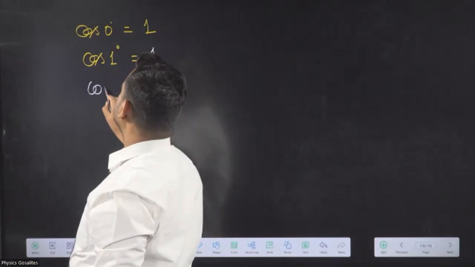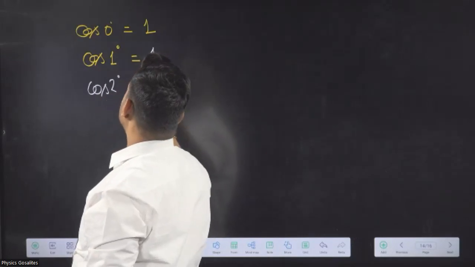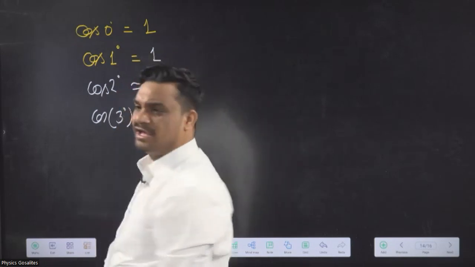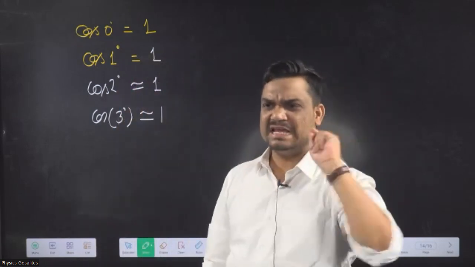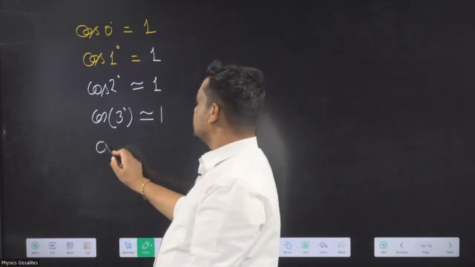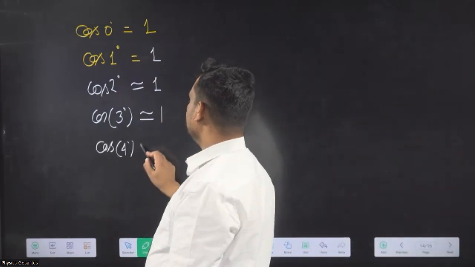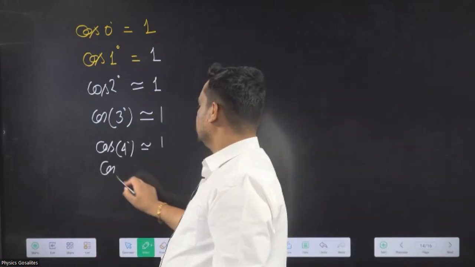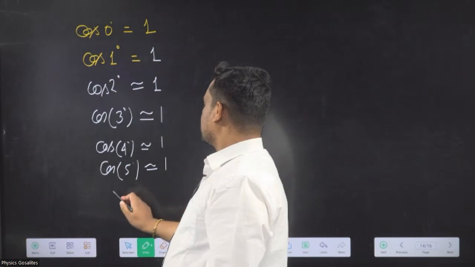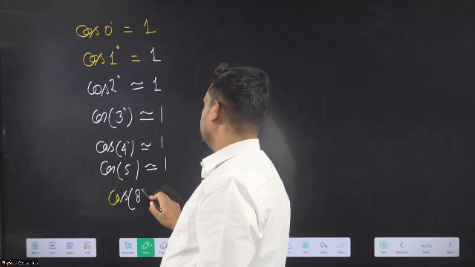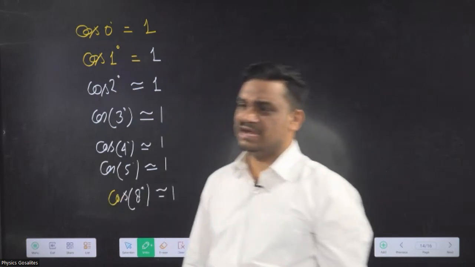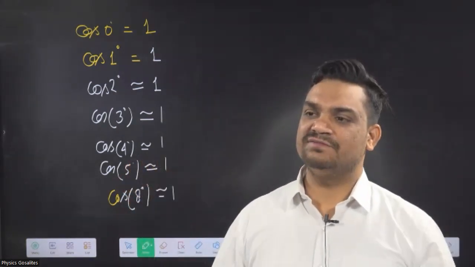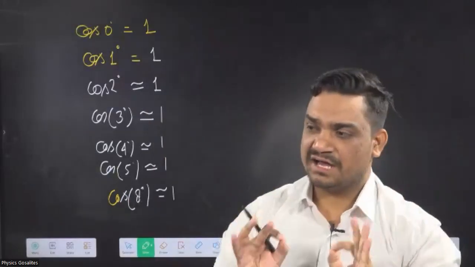Cos 2 degree, almost equal to 1. Cos 3 degree, almost 1. You will take 1 freely. Cos 4 degree, 1. Cos 5 degree, 1. Cos 8 degree, 1. Cos 9 degree, 1. Up to 10 degrees, we can write all the angles are 1.